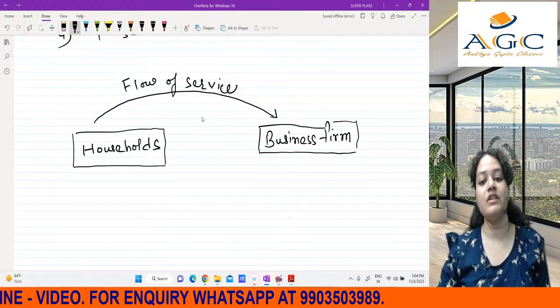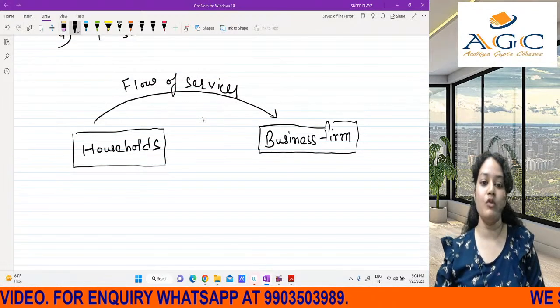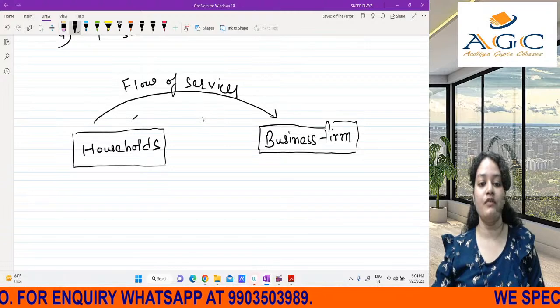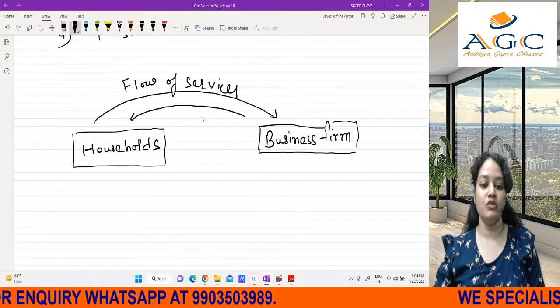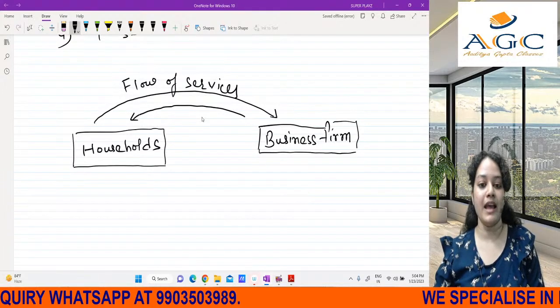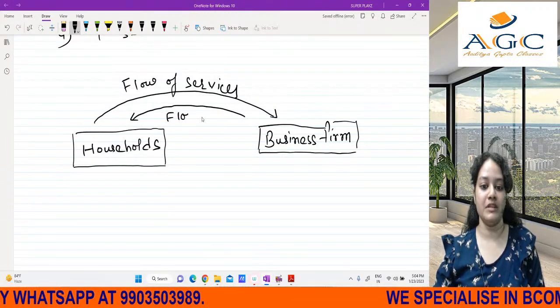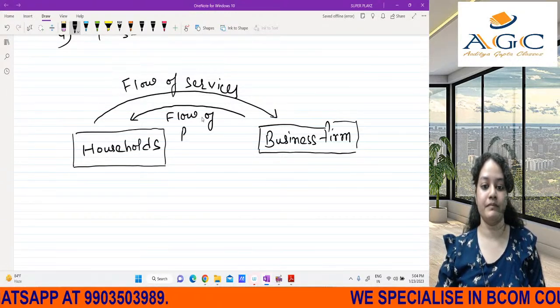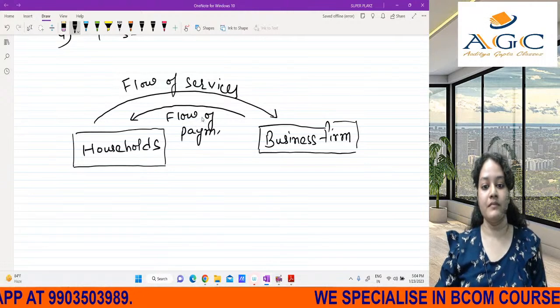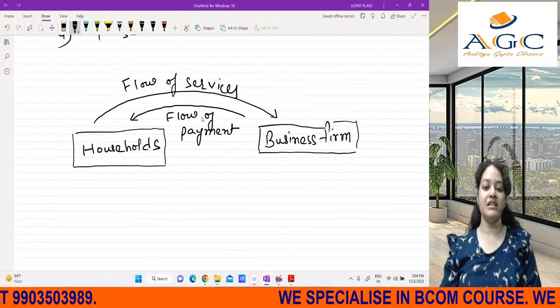And obviously, when we are working for a particular firm, we won't be working for free. So from the business firm to the household side, what will happen? Flow of payments. This is the first part.